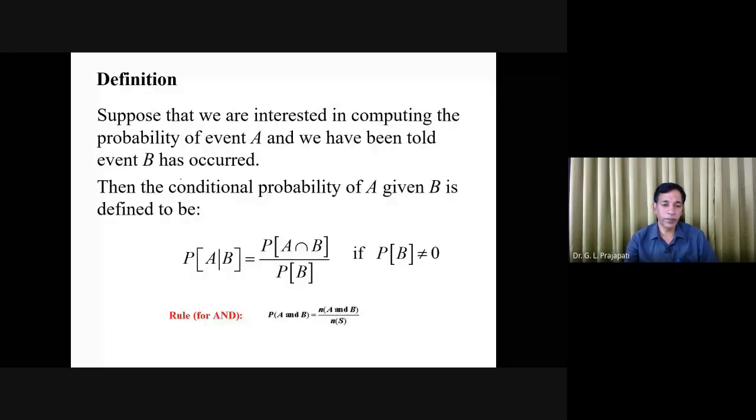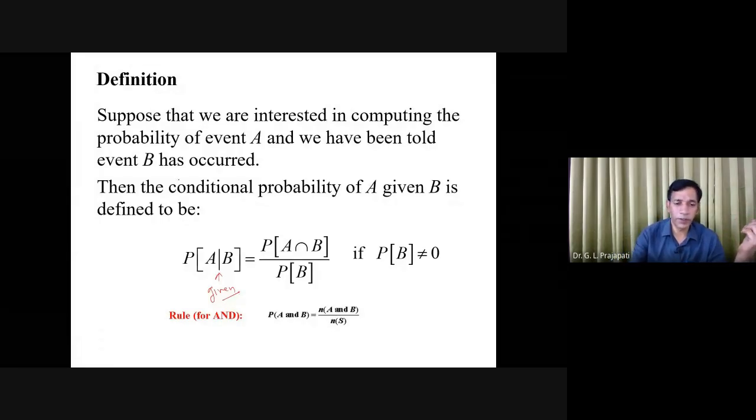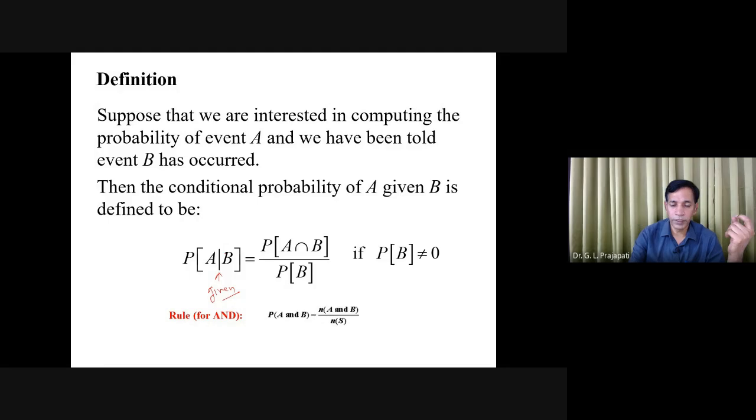This is the notation for denoting the conditional probability. You can read it like this: probability of A given B. This means given. You can also say: what is the probability of A given that event B has occurred. Event B has already occurred, you are given.